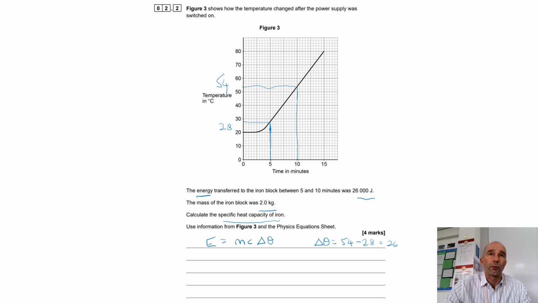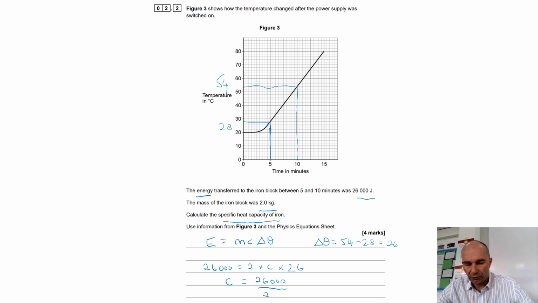We're now in a situation where we can substitute our numbers into the formula. So we have energy, 26,000 equals mass, which is 2, multiplied by C, which is our specific heat capacity of the iron, multiplied by 26. That means that C, specific heat capacity, is 26,000 divided by 2 times 26.